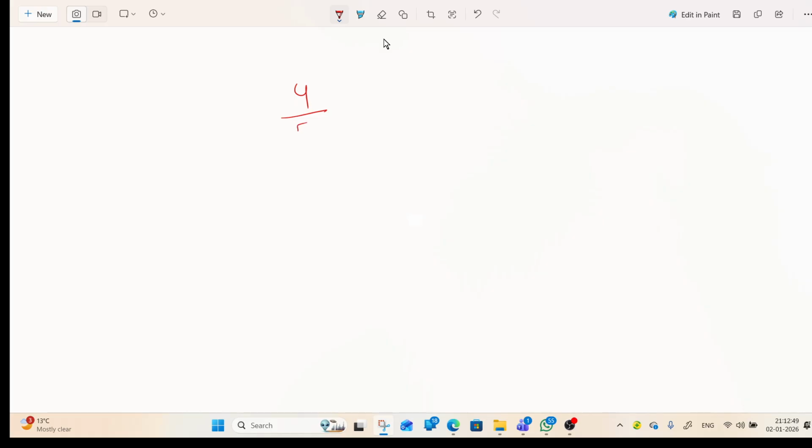Try this: 4/5, convert it into percentage. Quickly, tell me the steps. What should be your first step? Times it by 100, and then after that what will you do? 100 divided by 5 is 20.